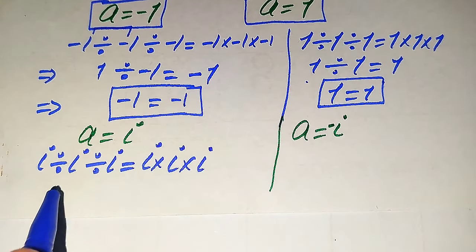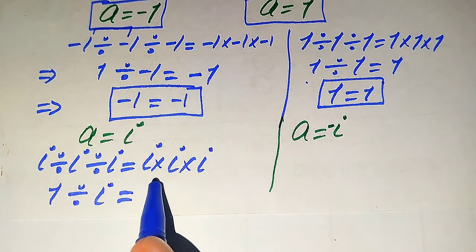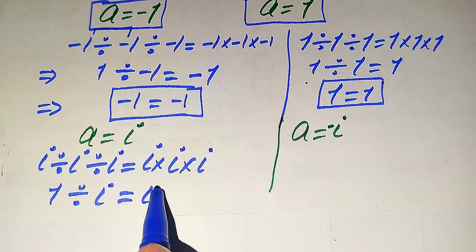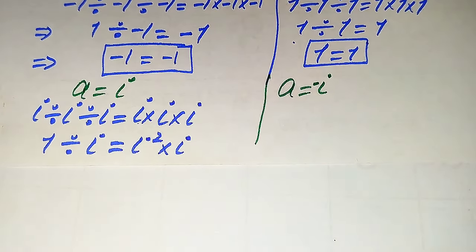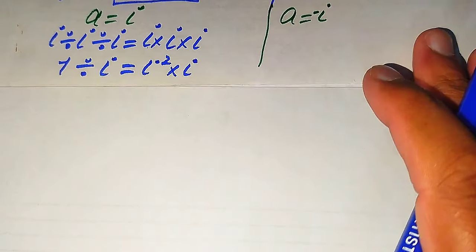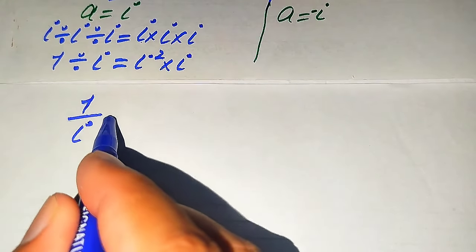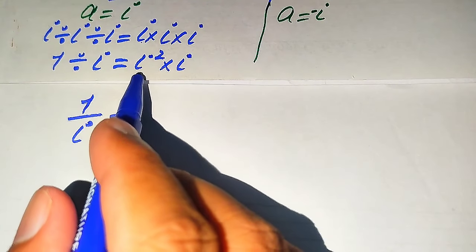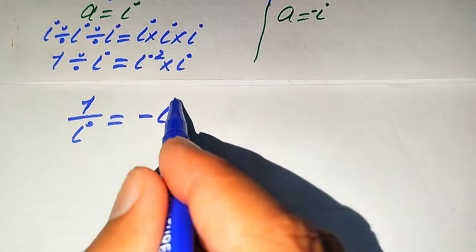When we divide these two values, we get 1 divided by iota is equal to, here you see that iota multiplied by iota becomes iota square, multiplied by iota. In the next step, 1 divided by iota is written as 1 over iota, equals iota square times iota, and iota square becomes minus 1. So minus 1 times iota becomes minus iota.